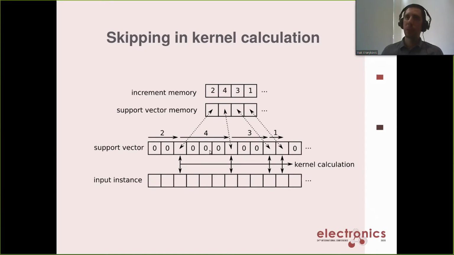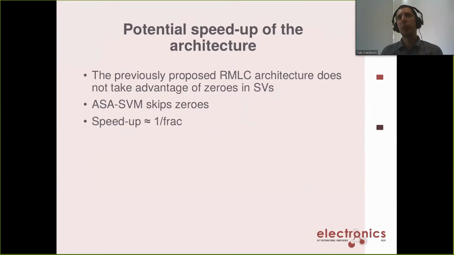That enables skipping zeros during calculation of the dot product, which results in speed up and memory reduction of the model. This slide shows how much speed up we can get compared to RMLC architectures.